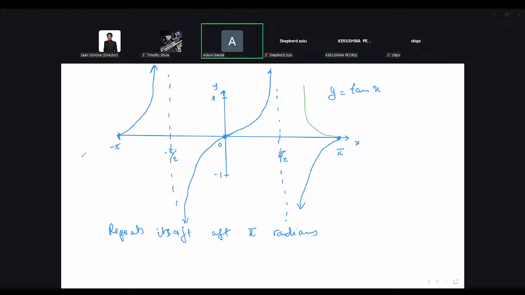For you to be able to tell how this is going to look, get some standard angles between pi by 2 and pi, and find their ratios, whether they will be positive or negative. That's how it will inform you what kind of graph you are going to get. You can do the same here. You can get a standard angle in between and check what you get in terms of the ratios. But I've already shown you how the ratios behave in terms of which quadrant you are in.